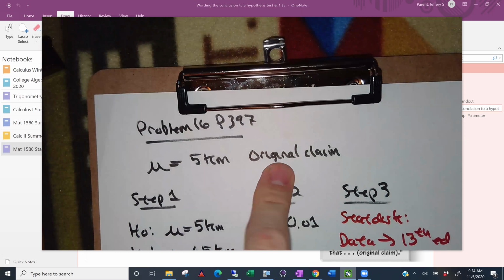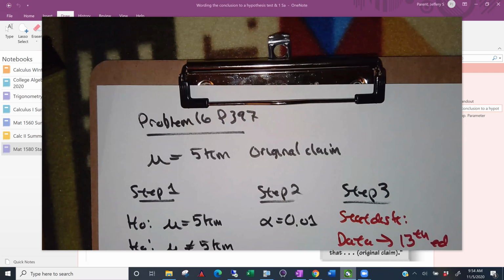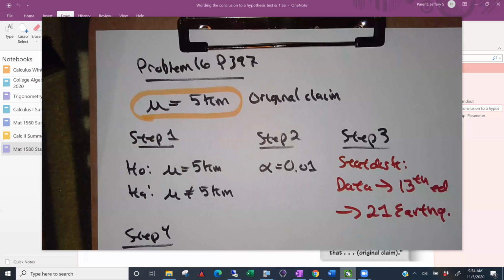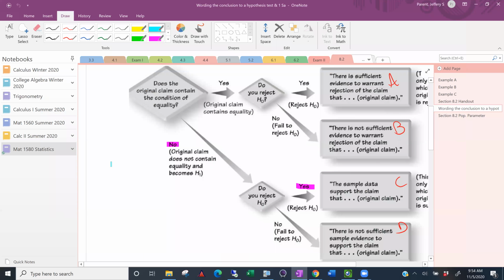Our original claim was this one right here: mu equals 5 kilometers. So that's the original claim. And let's look back at our little decision matrix, or decision tree. Does the original claim contain the condition of equality?